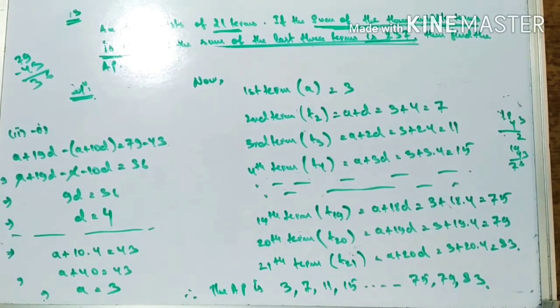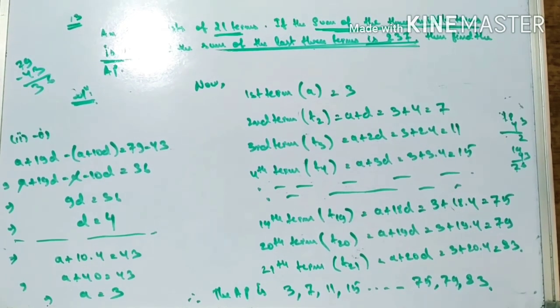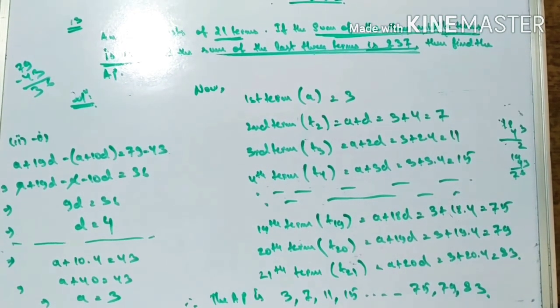Let me check the back answer. Question number 13. They have given it as a sum, 3 plus 7 plus 11 plus 15 plus dot, but there is no need to add, because the question is to find the AP.